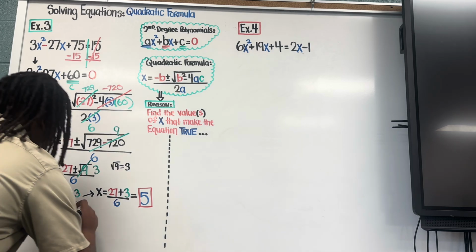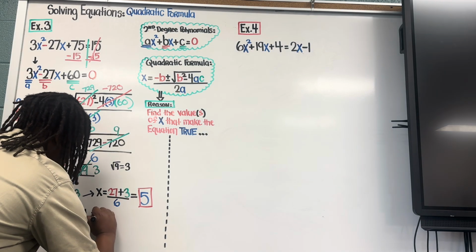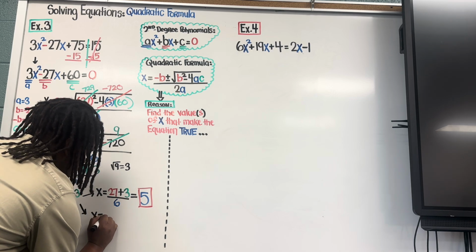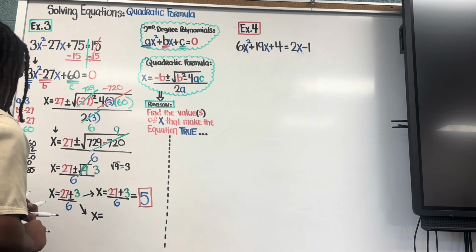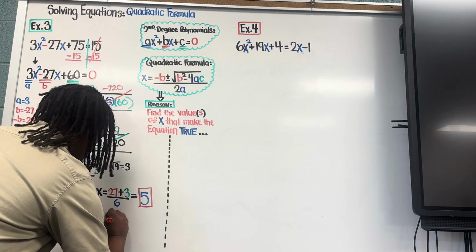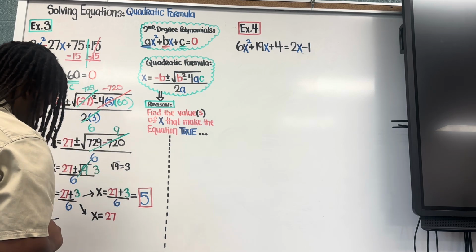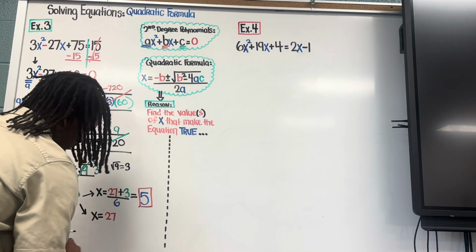Now let's do the second value that x could be in order to make this equation true. We're going to subtract 3 from 27, okay? So I have 27 minus 3, and then we're going to divide by 6.